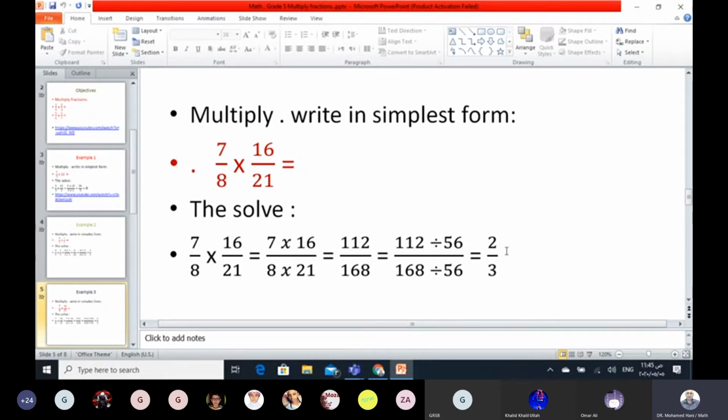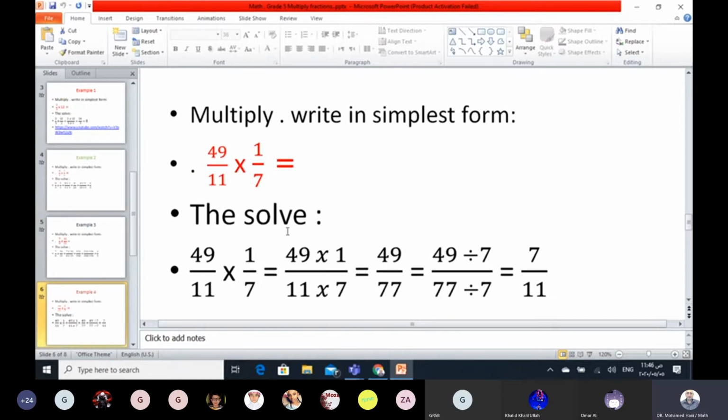So the simplified now is 2 over 3. This is the last answer of multiplication. 7 over 8 multiplied by 16 over 21 will be 2 over 3. Example 4.